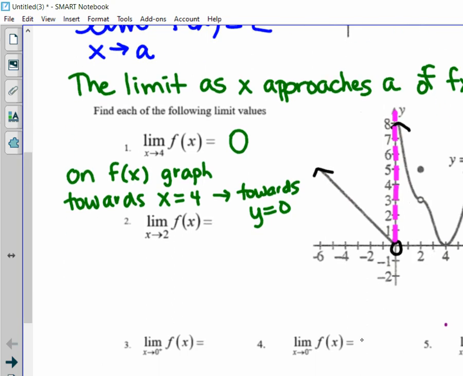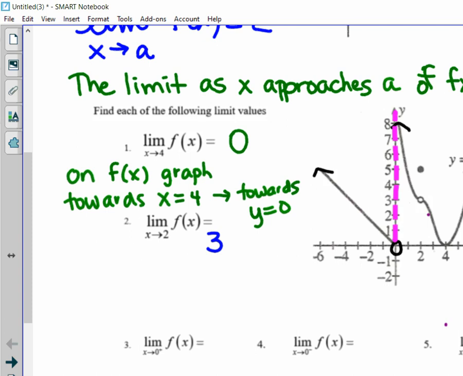All right, so this is the one that's always a little upsetting. The limit as x approaches 2 for f of x. That's 3. As you're on this graph, getting closer to x of 2, you're getting closer to y of 3.